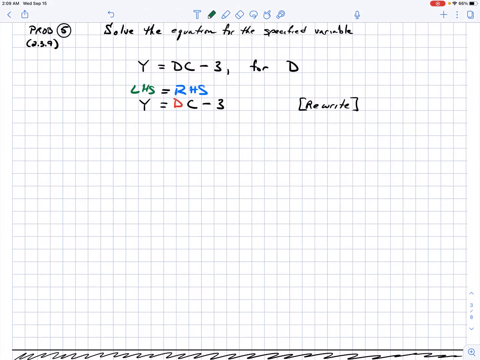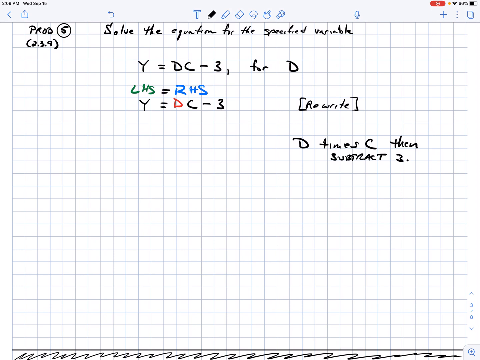So if we write this just directly, it says d times c, then subtract 3.